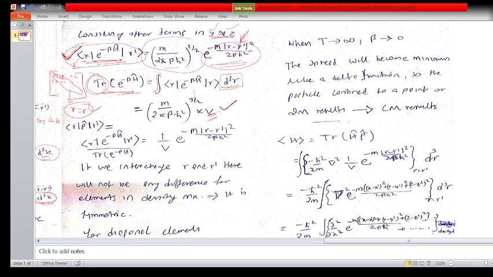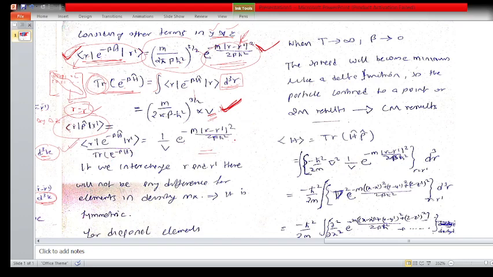Now if you take these two, this <r|e^(-βH)|r'> by the trace of e raised to minus beta H, that is your density matrix with this r and r'. So you will get 1 by V times e raised to minus m|r minus r'|² by 2βħ². So the trace of this is nothing but this expression. If you substitute these two expressions in this equation, then we can get it like this.